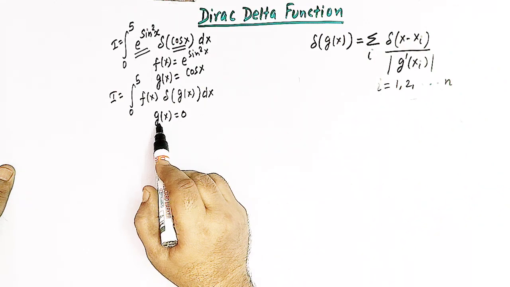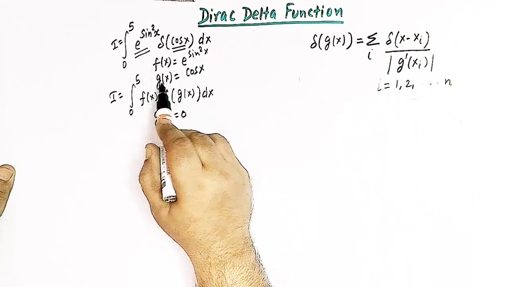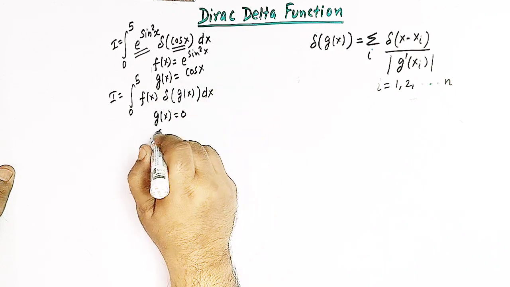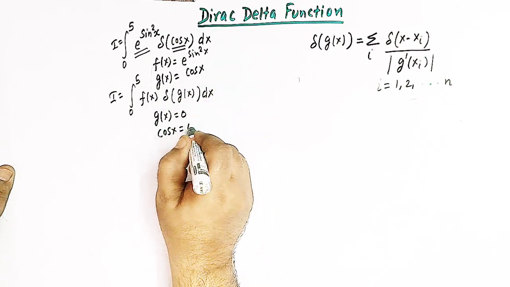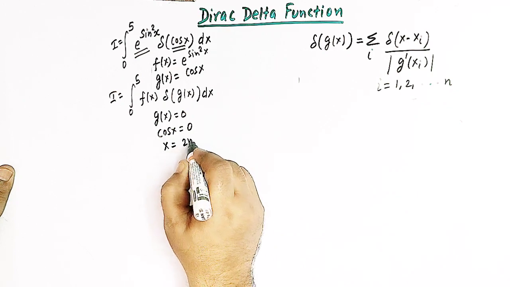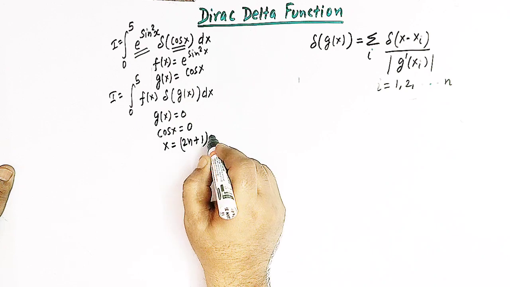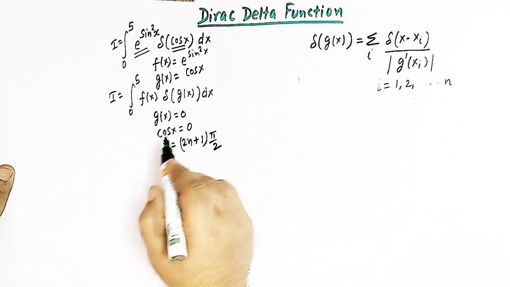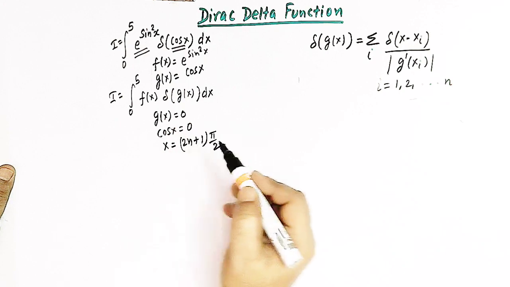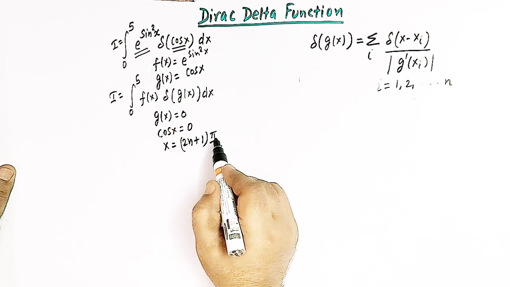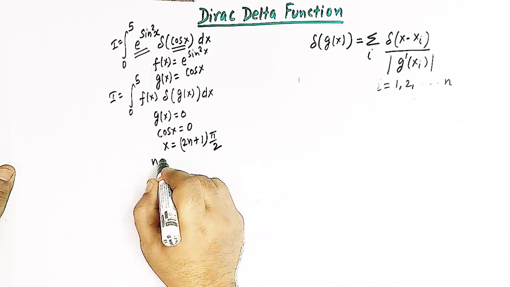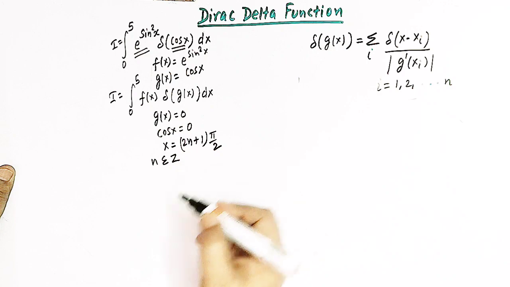So let us first solve the equation g of x equals 0. When we solve cos x equals 0, the value of x is simply (2n plus 1) pi by 2, because cosine of x is equal to 0 whenever x is an odd multiple of pi by 2, and n belongs to the set of integers.